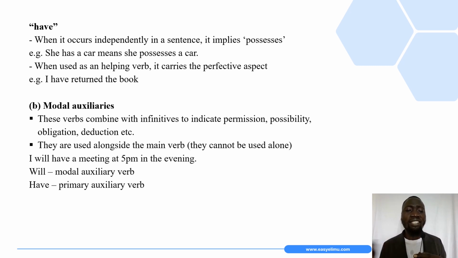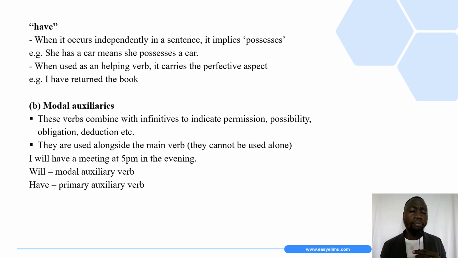When used as a helping verb, have carries the perfective aspect. Perfective aspect is also known as the completive aspect. That is, they talk about actions that are complete. For example, the sentence below is in the perfective aspect. That is, I have returned the book.